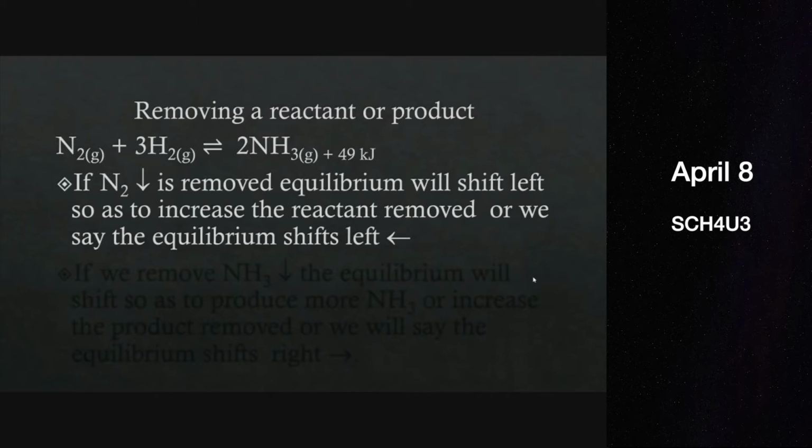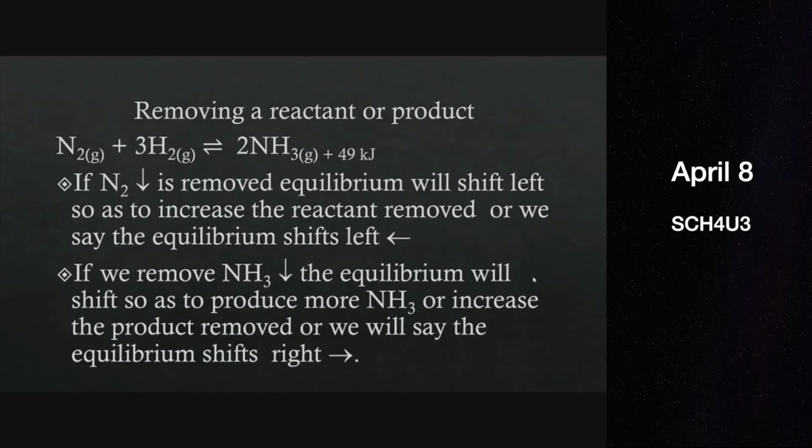So if that is to take place, we need more of the reactants changing into the products. The last point: if you remove ammonia, since the concentration is decreasing, the reactants will combine to form more of the ammonia, which was lost in the system.